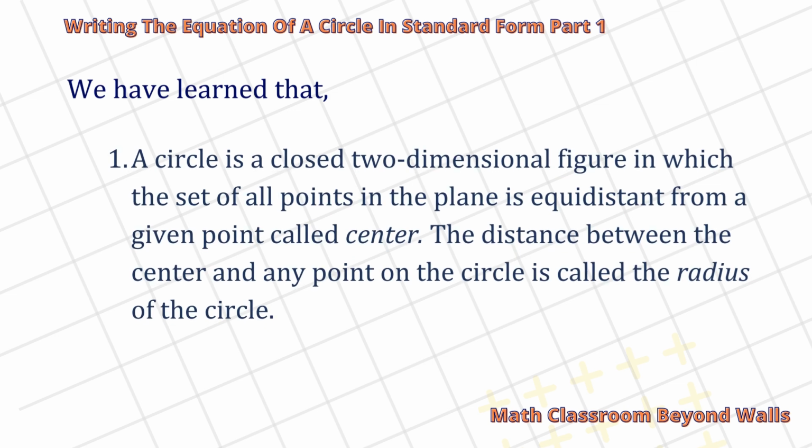First, we have learned that a circle is a closed two-dimensional figure in which the set of all points in the plane is equidistant from a given point called the center. The distance between the center and any point on the circle is called the radius of the circle.